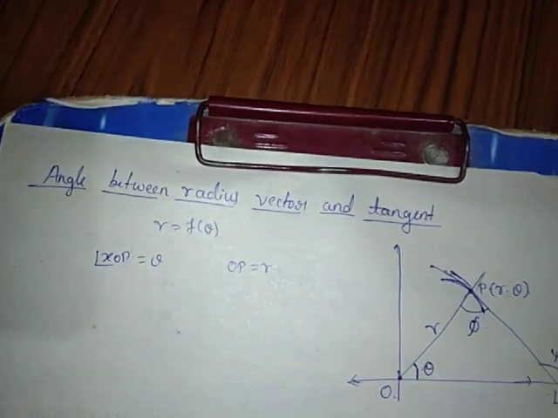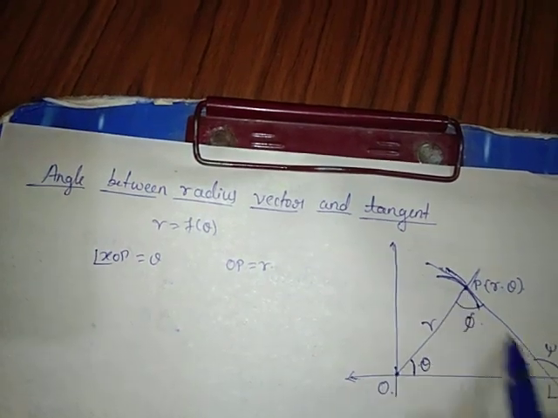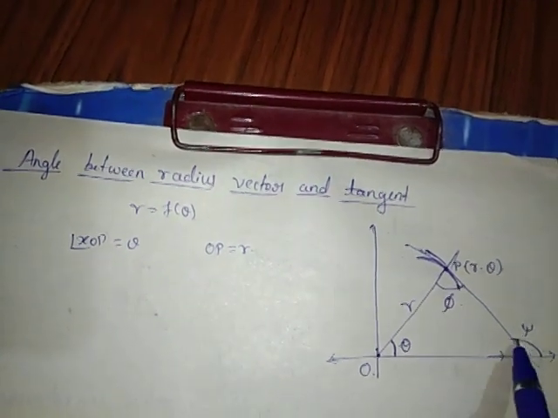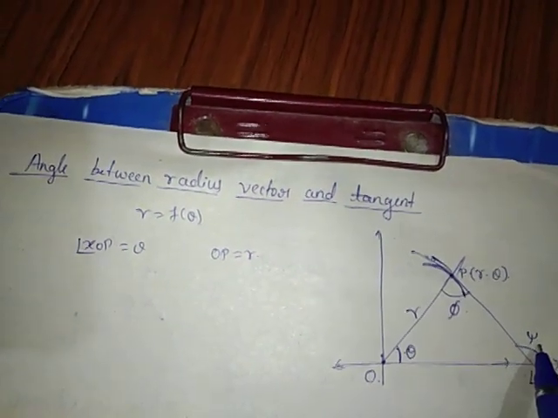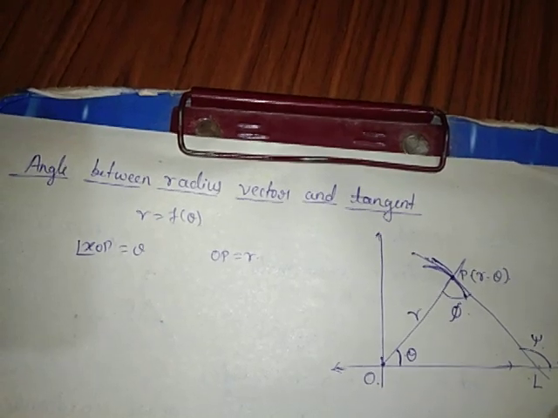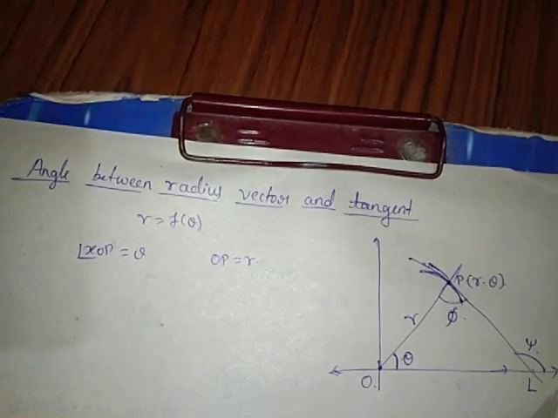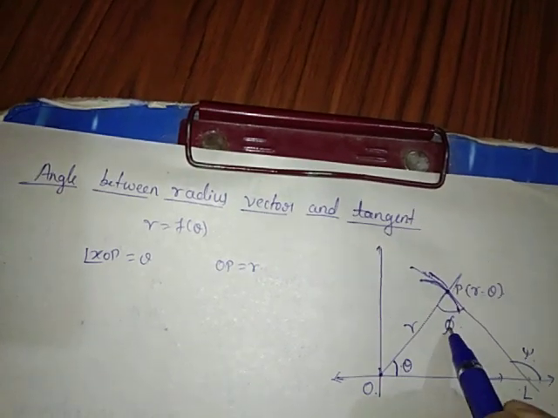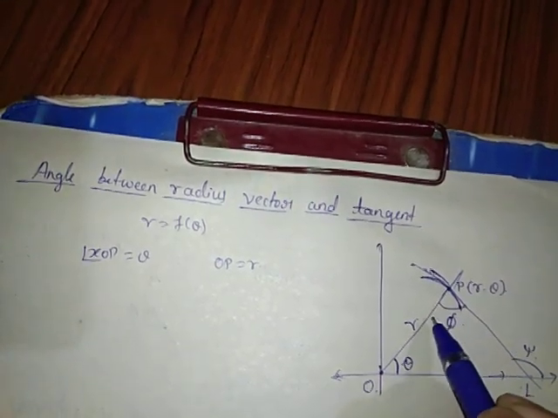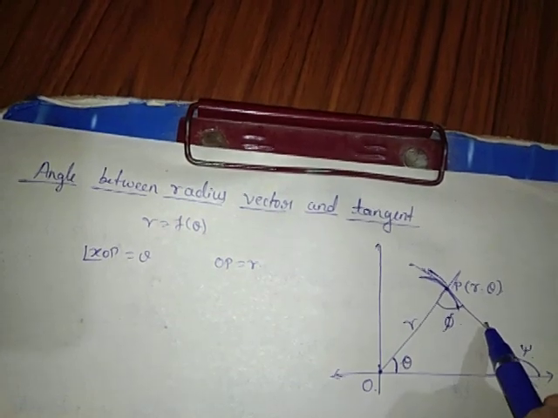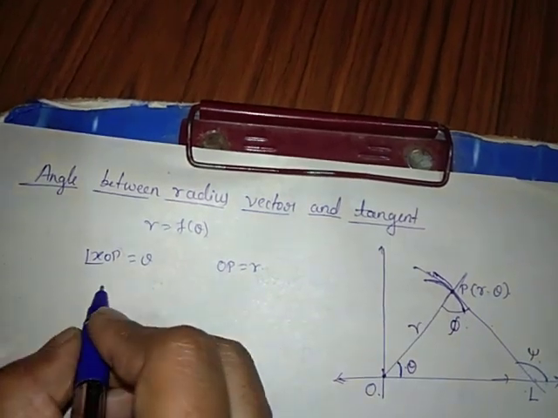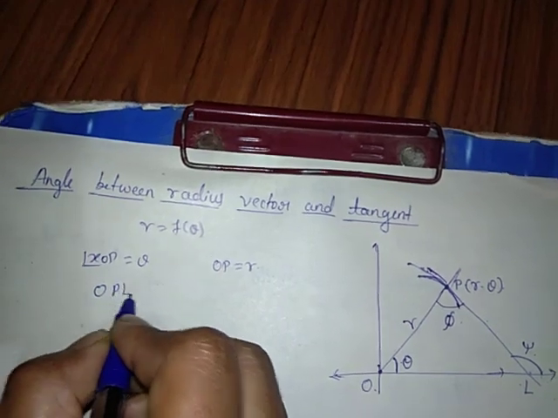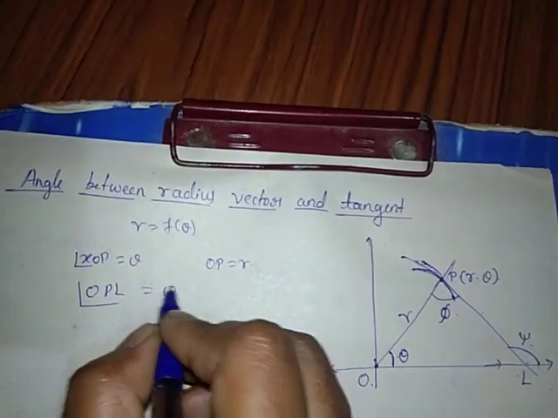PL is a tangent to the curve subtending an angle xi with the positive direction of the x-axis, and phi is the angle between the radius vector and the tangent, and the angle OPL equal to phi.